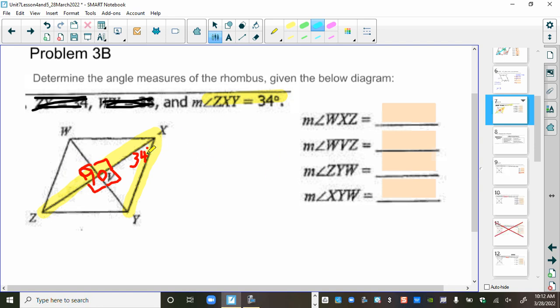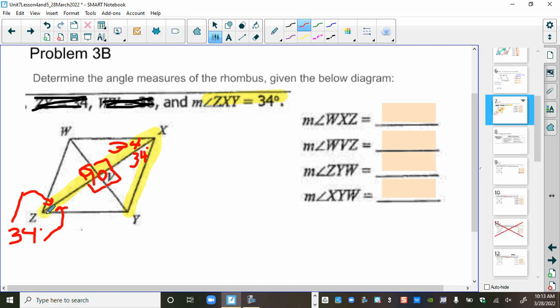So this little angle here is 34. Then what must this angle right here also equal? That's also going to be 34. Now, that's also going to be down here and here, 34. I'm just going to write the number 34 with arrows. In fact, I should have written that up here too.